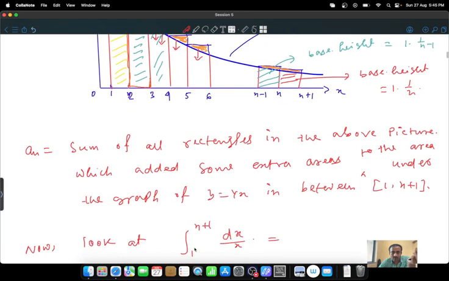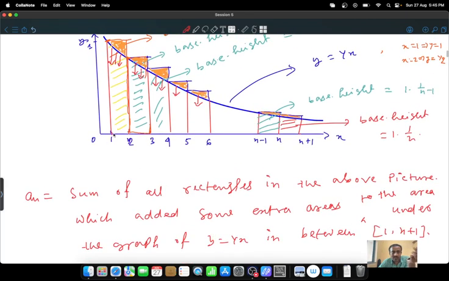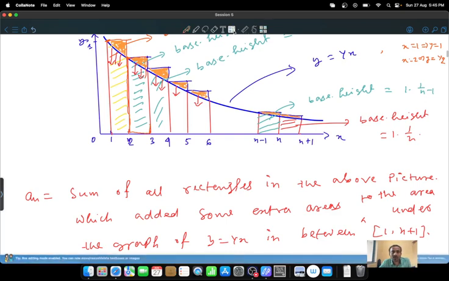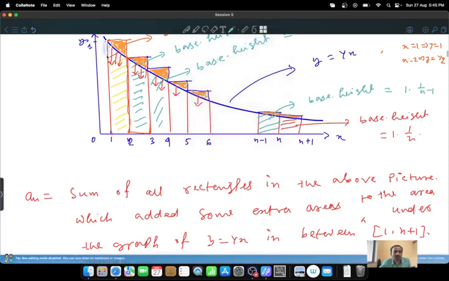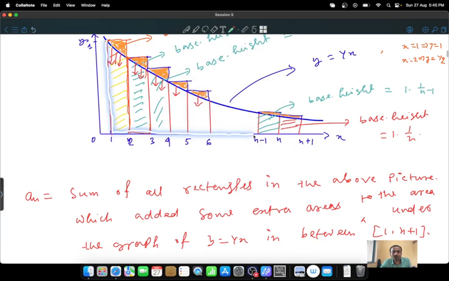So if you integrate from 1 to n plus 1, it is basically saying the total area from here to here. Basically the area will be this much and all these things.